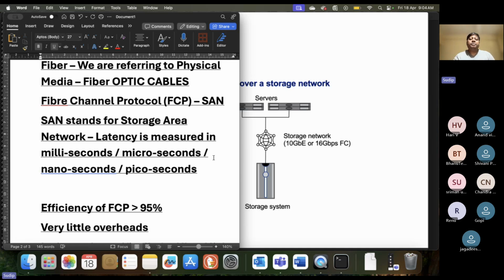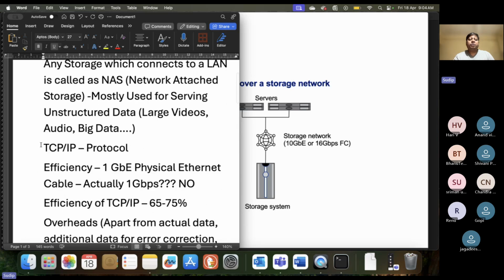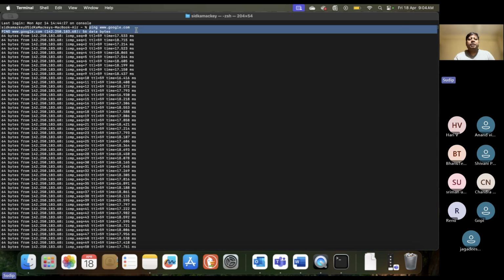In TCP/IP, you don't know. In the TCP/IP protocol, you don't know at any given point of time who is going to send what kind of data onto the network. It is absolutely random. For example, did Google know that I'm going to send a ping request to it on the network? No, it did not know. It is based on my whims and fancies, right?